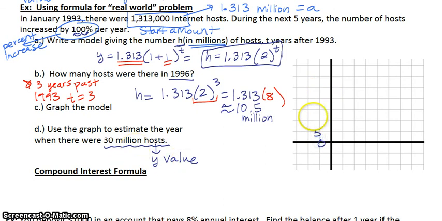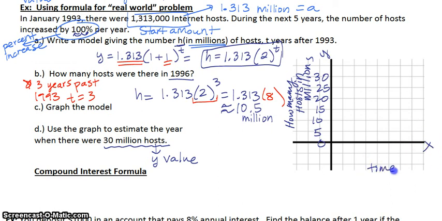So I'm going 0, 5, 10, 15, 20, 25, 30. And when I'm graphing this, that is again representing how many hosts in millions. And then my other variable, the X variable, is representing the time. So I'm going to say that is the time in years.